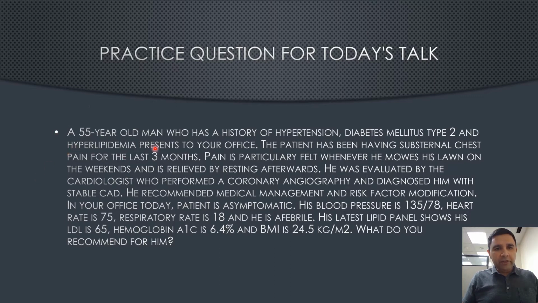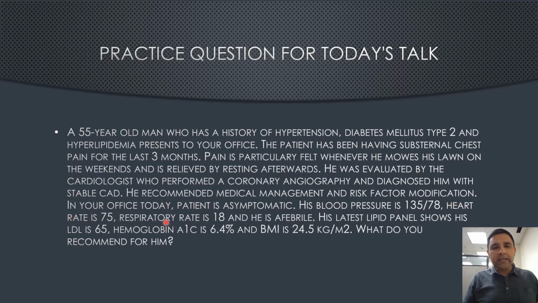We have a 55-year-old man who has a history of hypertension, diabetes mellitus type 2, and hyperlipidemia who presents to your office. The patient has been having substernal chest pain for the last 3 months. Pain is particularly felt whenever he mows his lawn on the weekends and is relieved by resting afterwards. He was evaluated by the cardiologist who performed a coronary angiography and diagnosed him with stable coronary artery disease. He recommended medical management and risk factor modification.